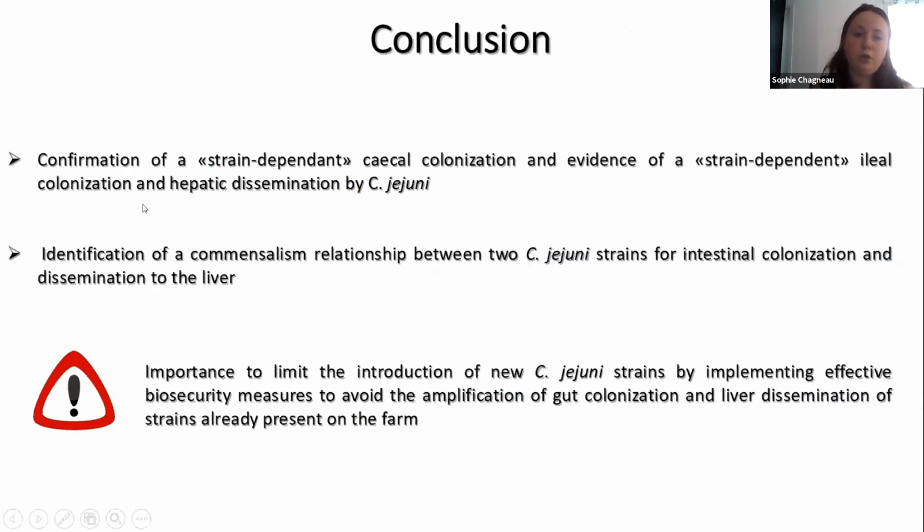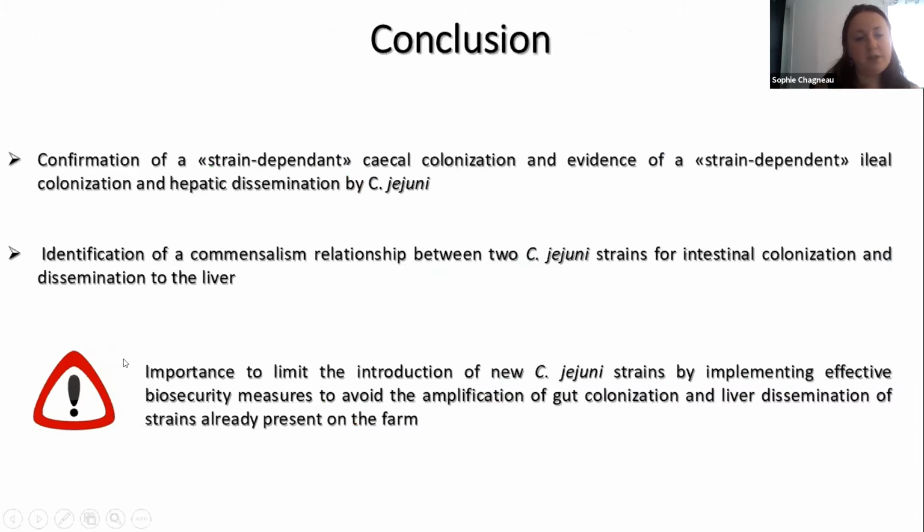So in conclusion, we have confirmed strain-dependent cecal colonization and strain-dependent ileal colonization and hepatic dissemination by Campylobacter jejuni, and we have identified for the first time a commensalism relationship between two Campylobacter jejuni strains for intestinal colonization and dissemination to the liver.